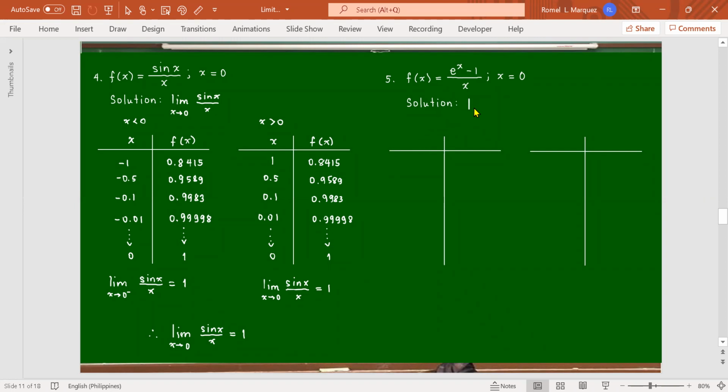So we want to know the limit of e to the x minus 1 all over x as x approaches 0, no? So let's start with x less than 0.